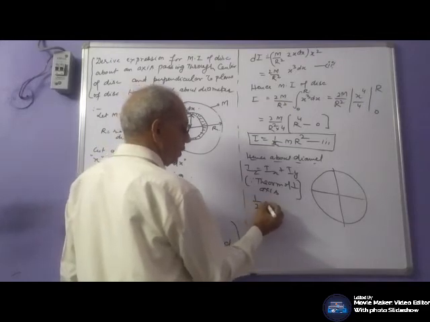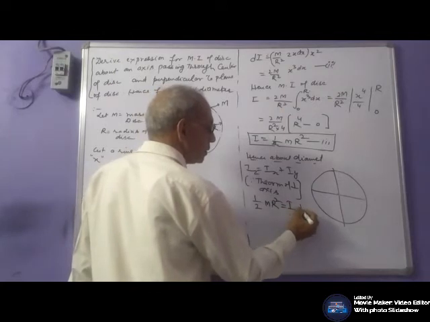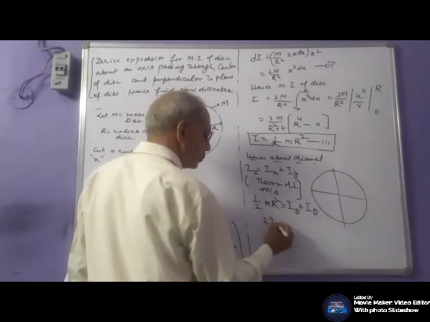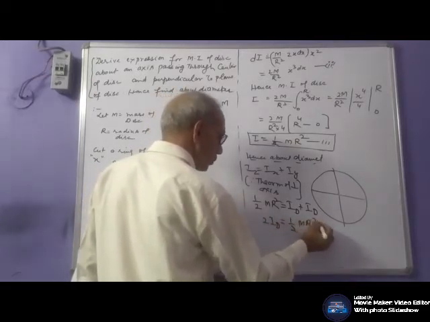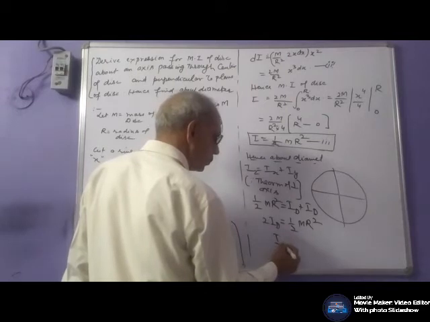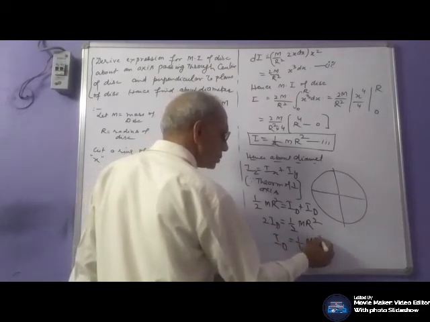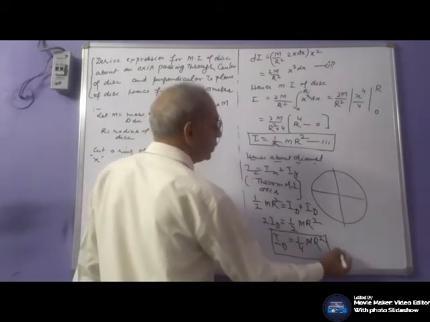It is half mr square. Ix is ID, Iy is ID. So 2ID is half mr square and ID is 1 by 4 mr square. This is about diameter.